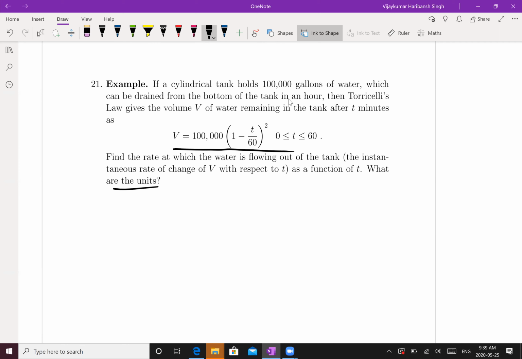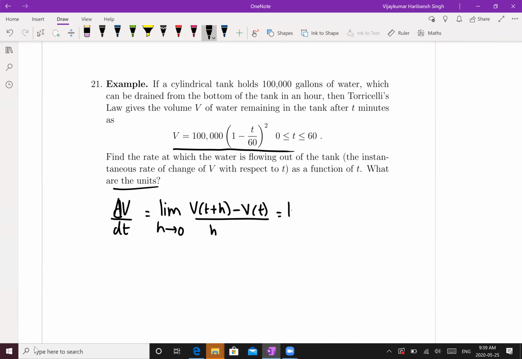So the problem is asking you, what is the instantaneous rate of change? So that is given by dv by dt, or you can write it as v prime of t. So that is going to be limit as h goes to 0, v of t plus h minus v of t over h.